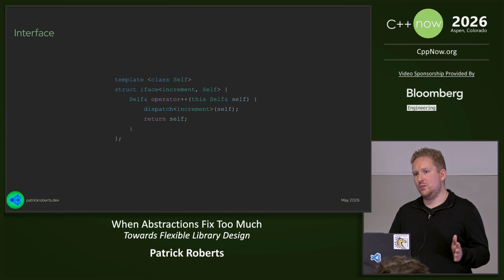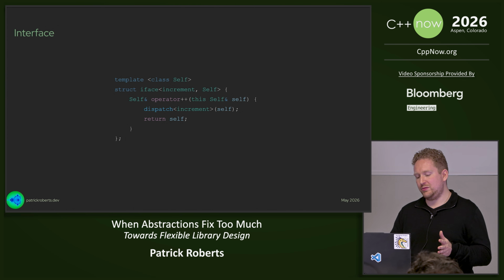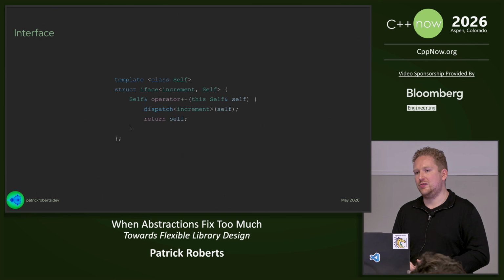And there's no runtime polymorphism there. It's all static and compile time dispatch, but you still get this nice composition of abstractions where the reference wrapper doesn't really need to inherently know about all these semantics. It just obtains them through the CRTP base class to expose the interfaces, and then that delegates to the dispatch customization point that implements all of these partial specializations for concrete types that actually do implement the behavior.